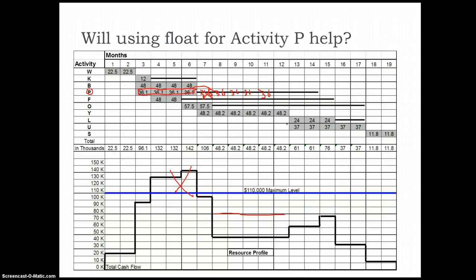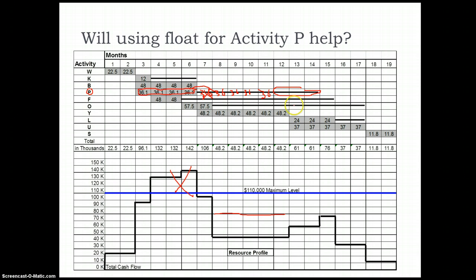We could possibly relocate P from month 8 to start slightly later. And still, if we started at month 8, we would be left with quite a healthy float of 3 months over here.